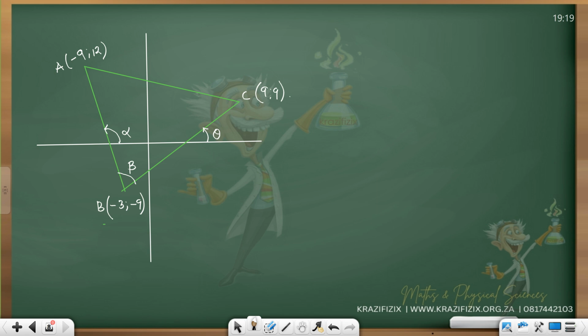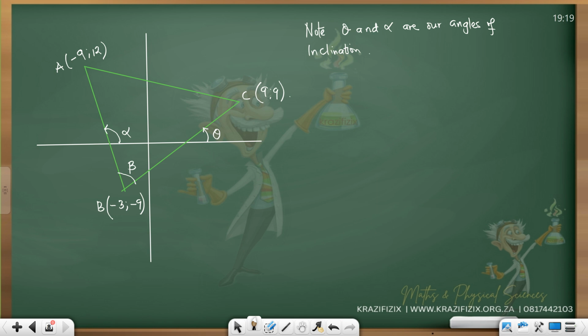If you look at this diagram while you are drawing, there are only two angles of inclination here. In this case, theta and alpha are our angles of inclination. Why? Remember, we are measuring from the x-axis.